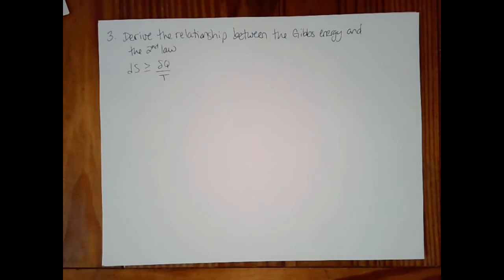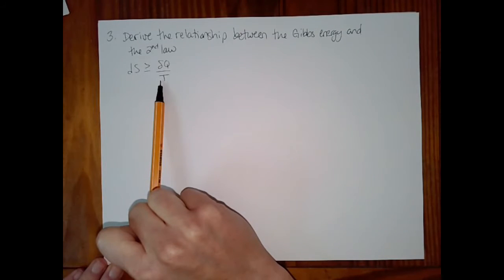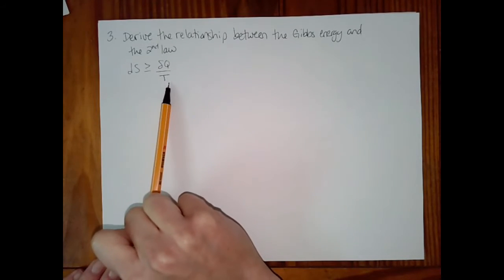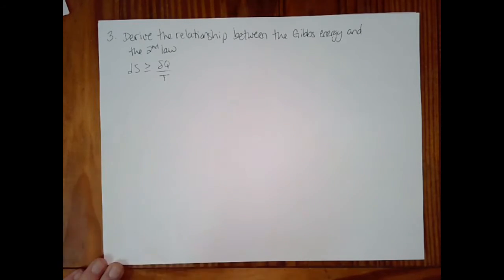Our last step then is, now that we believe this Clausius inequality is something useful and predictive because we've connected it with the second law, we're going to go from this inequality to our expression for the Gibbs energy.